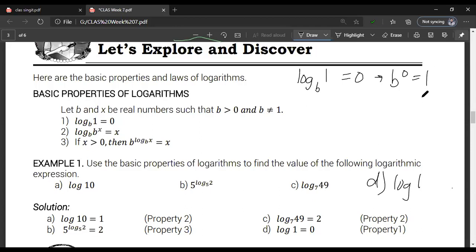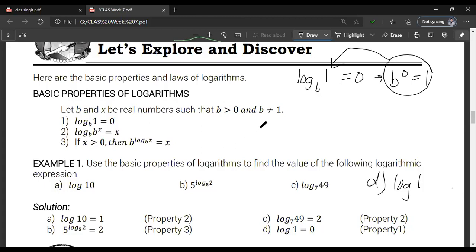And we all know that all real numbers except 0 raised to 0 has an answer of 1. Kaya pag nire-write natin itong exponential form to logarithm, yan yung labas, yung number 1. The logarithm of 1 with the base b is equal to 0.